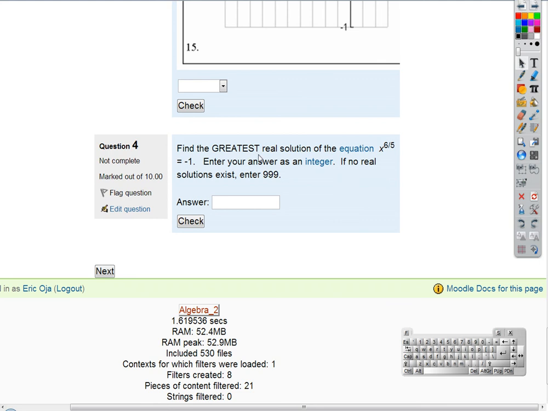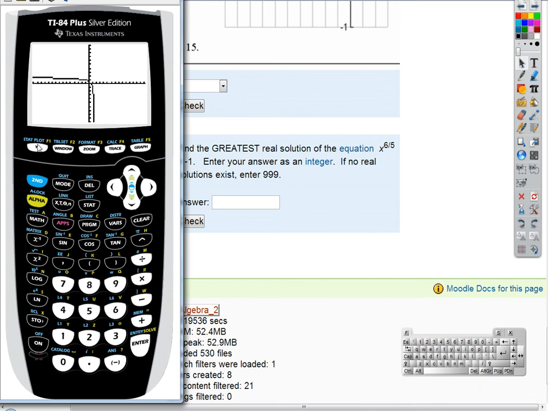And then, the last question, I could just graph this thing, x to the 6/5 on one side, -1 on the other, and just cross the two, right? That's easy stuff. So x to the 6 divided by 5.